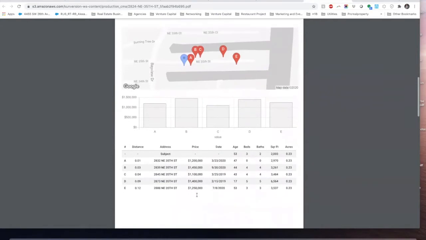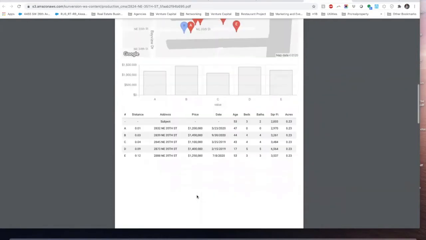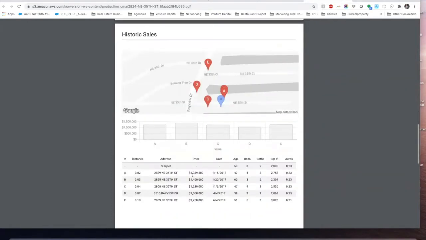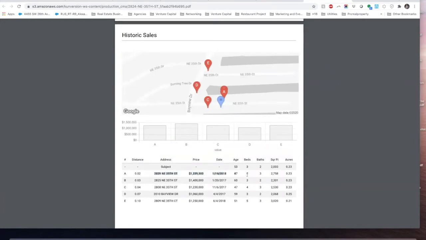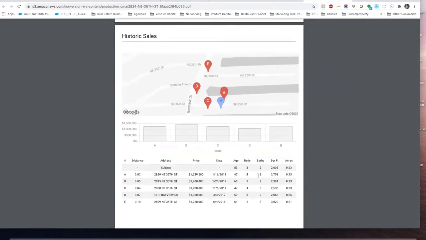So we can see that if we look at the historical sales, some houses like 4 bedrooms, 3 baths, and we definitely need to look at them in more detail, see the upgrades, see the interior, but the prices here are like 1.23, 1.4, 1.06, 1.25.